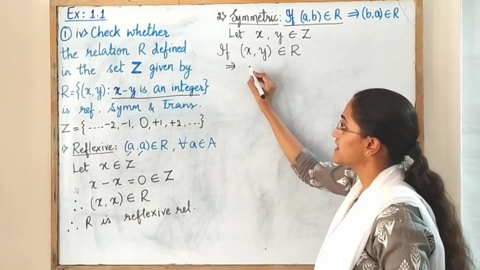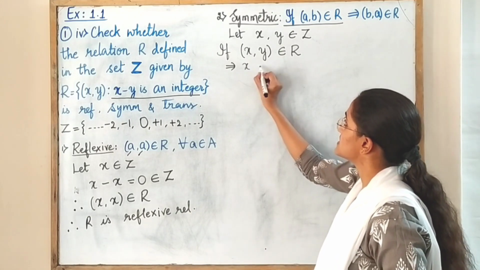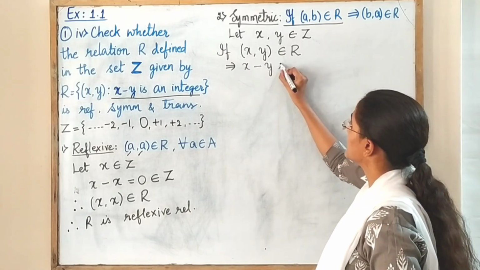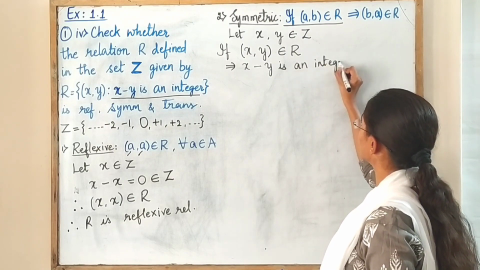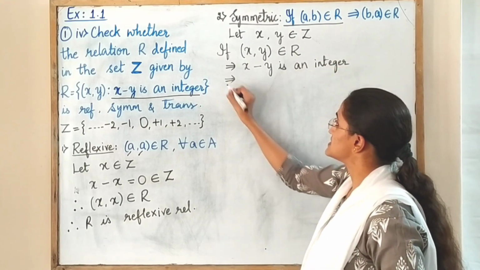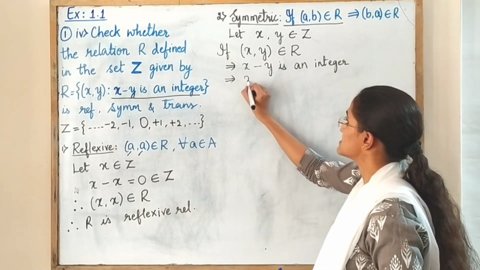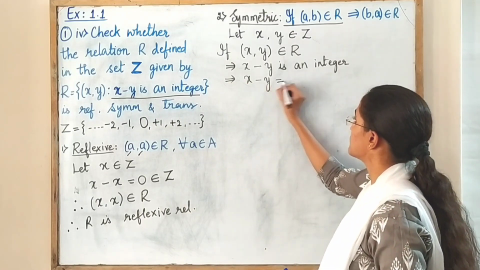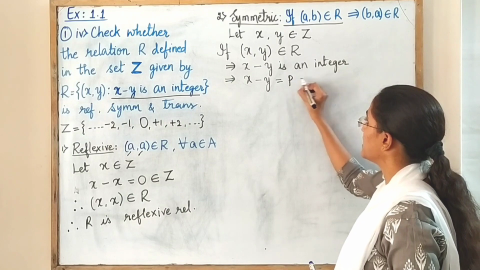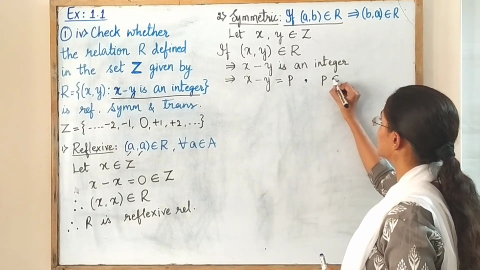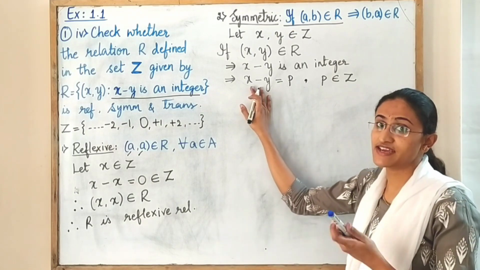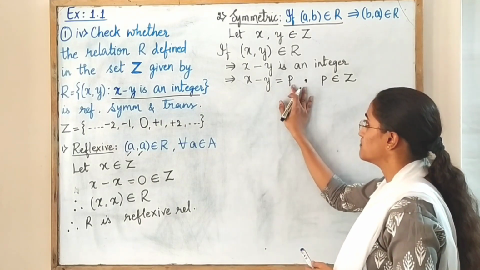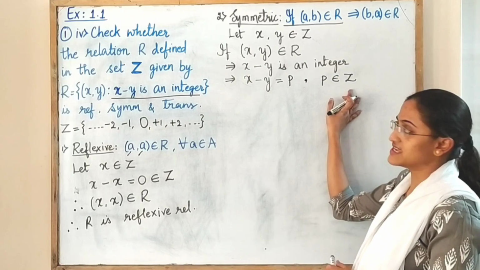X minus Y is an integer. We shall simplify this by writing X minus Y is equal to some integer P, where P is an element of the integers. If I subtract any two integers, I get a number, and that number is an integer.